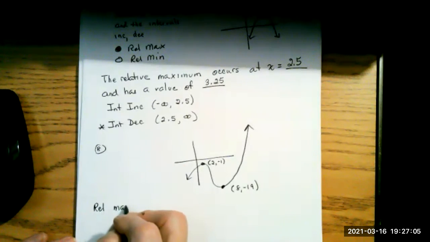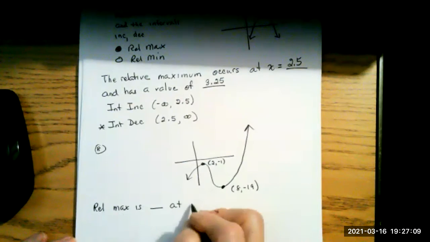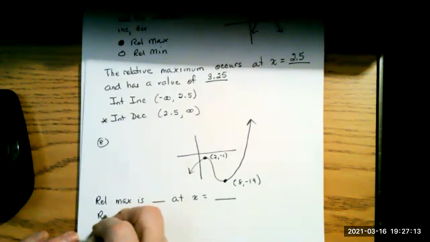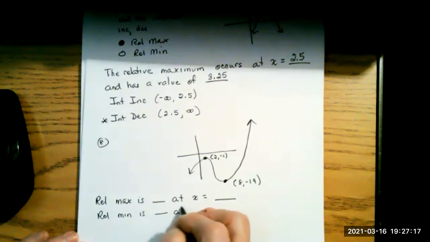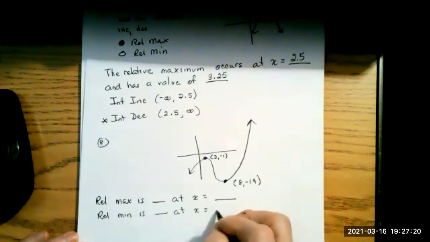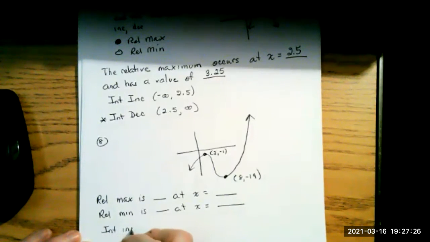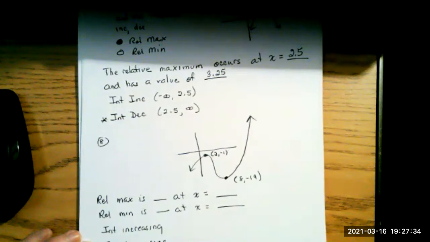Relative max is blank at x equals blank. Relative min is blank at x equals blank. And they want the interval increasing and the interval decreasing.